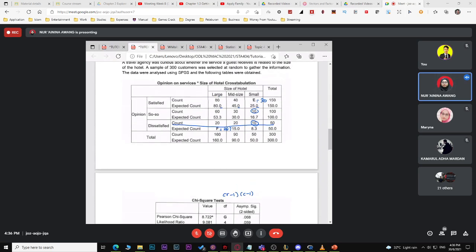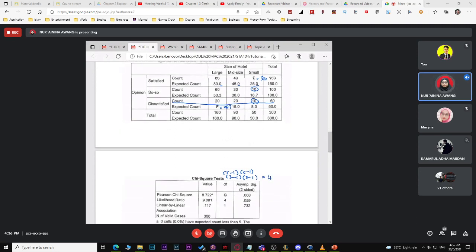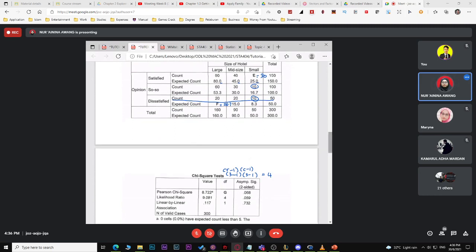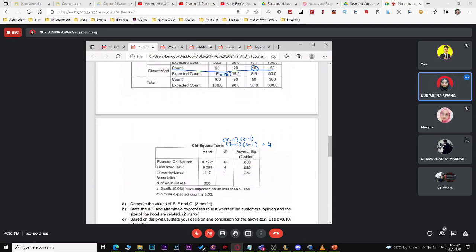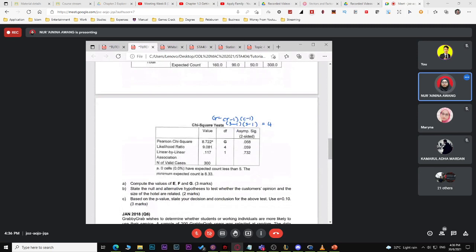Since you have 3 rows and 3 columns, the answer for G should be 4. Okay, so make sure you show this calculation: row minus 1 times column minus 1. So you will get the value for your G is 4. Right. So that is for question A.